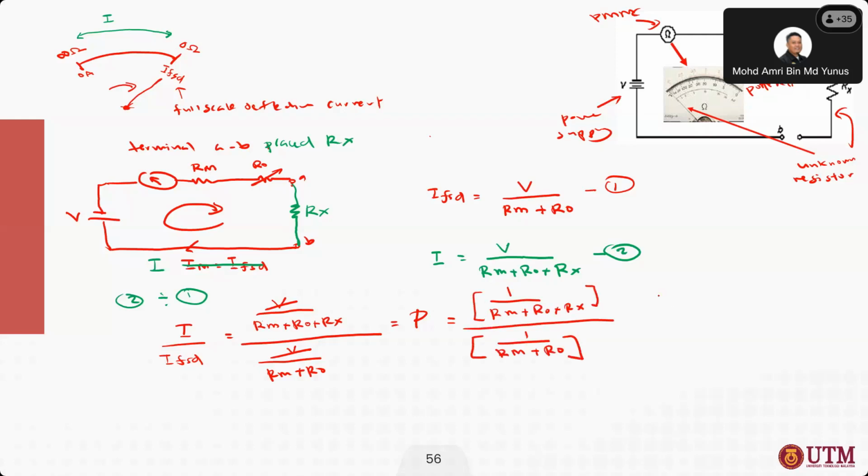If we rearrange this, we get Rm plus Ro over Rm plus Ro plus Rx. Now we have our equation, which is the ratio of current during measurement of the unknown resistor divided by the full scale deflection current.